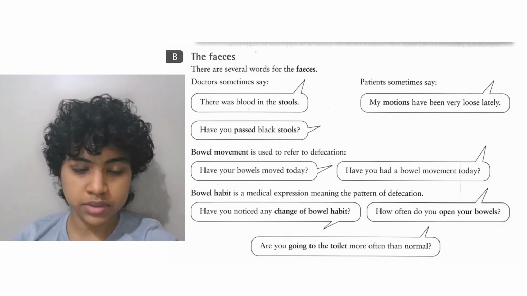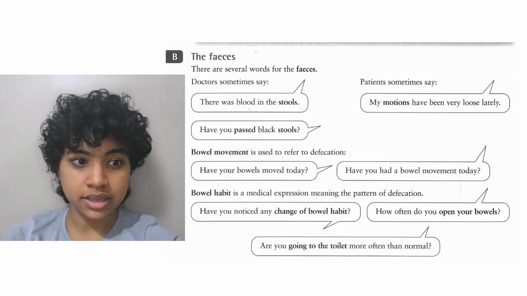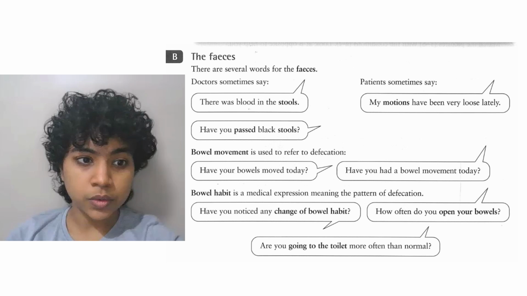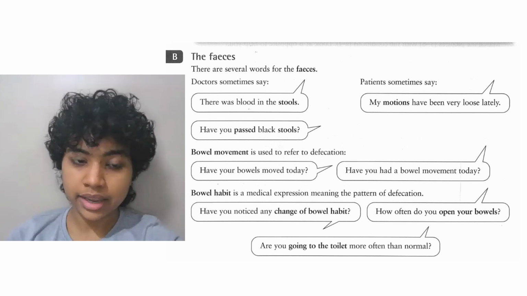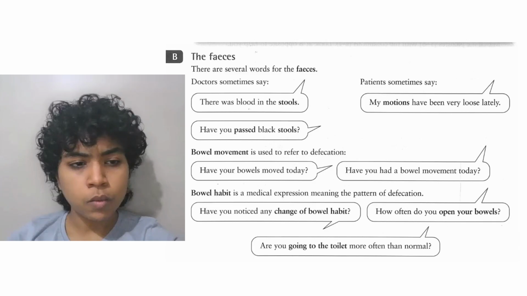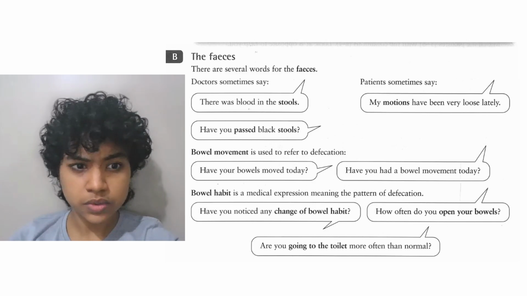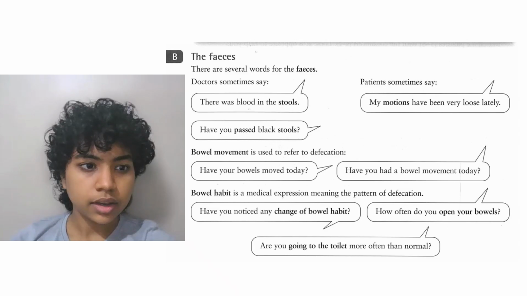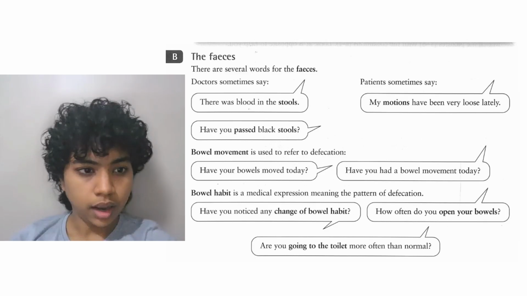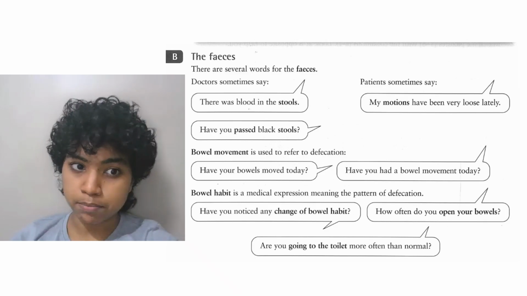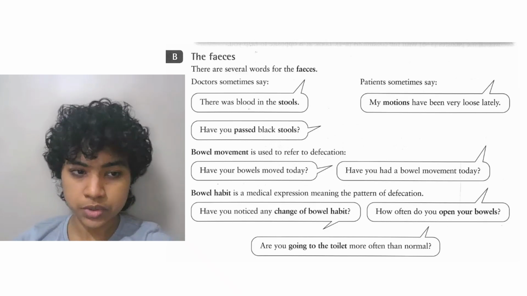Patients sometimes say my motions have been very loose lately. Bowel movement is used to refer to defecation. Have your bowels moved today? Have you had a bowel movement today?